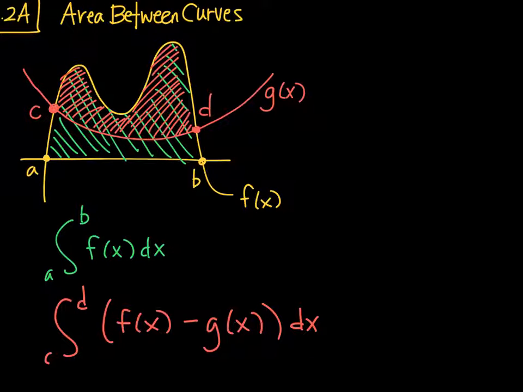Dx isn't necessarily telling me I'm touching the x-axis, it's telling me that the bounds c and d are in terms of x. They're not in terms of y, they are in terms of x. It's really just a simple subtraction between two things. You clean up the algebra in the middle, and then you do the calculus of doing an antiderivative.